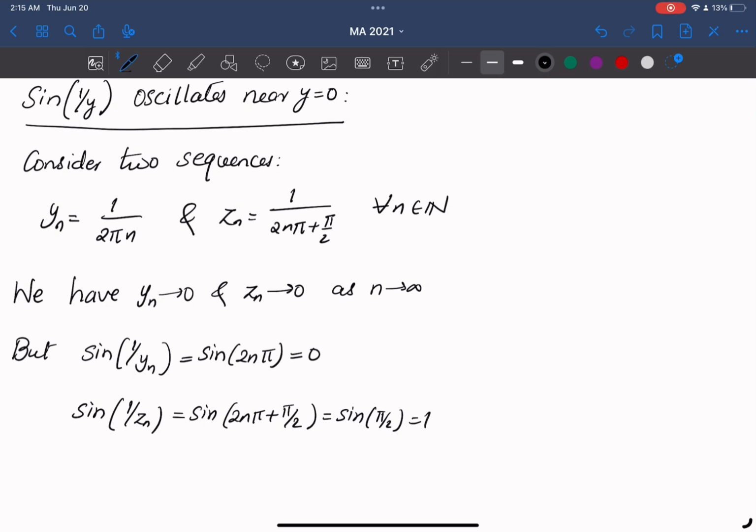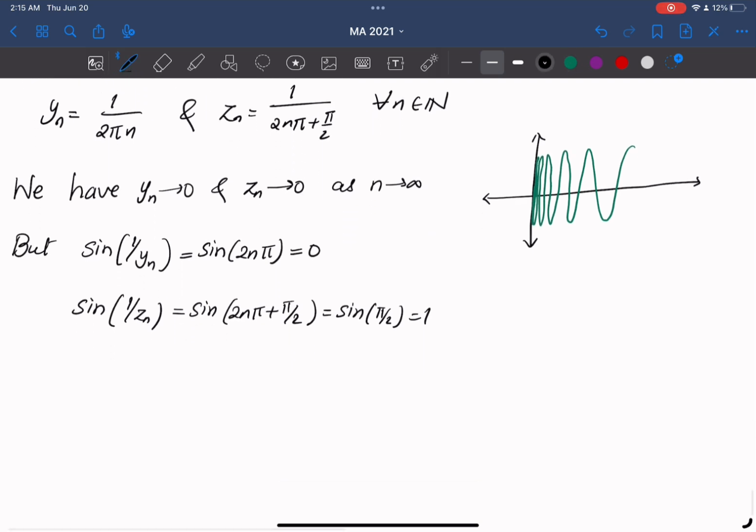Here's a graphical representation of the function sine 1 over y. This is how it looks. As you are away from 0, it behaves like a wave. And as you start going near 0, the waves start getting cramped into each other and it oscillates vigorously near 0. So you don't really have a limit as y tends to 0, as these sequences reveal.